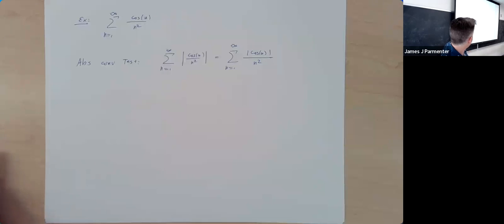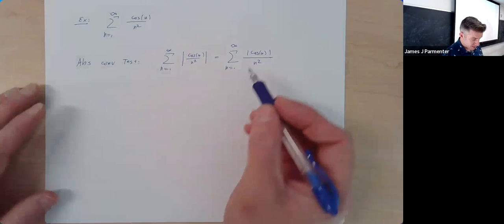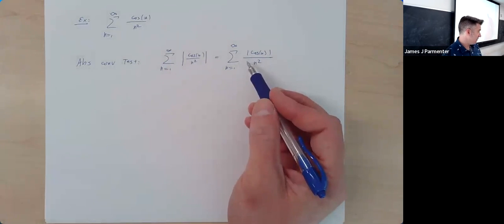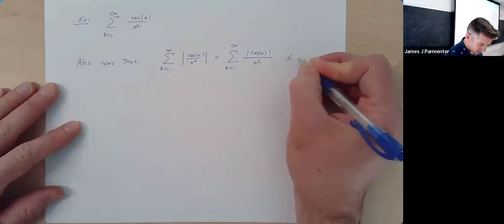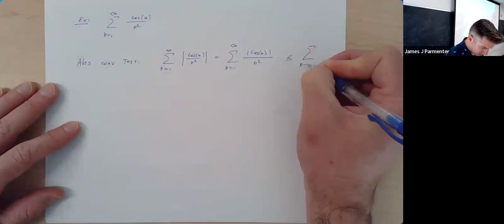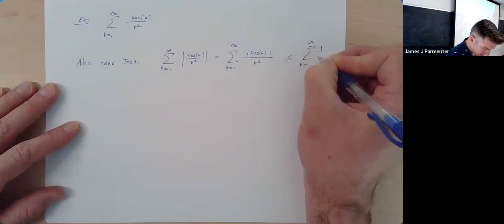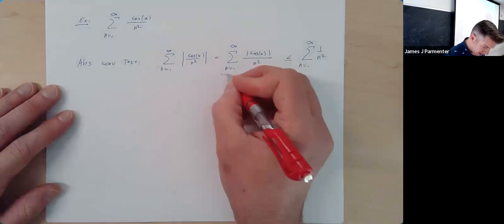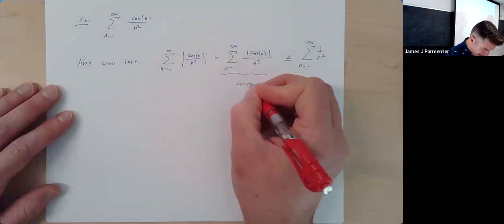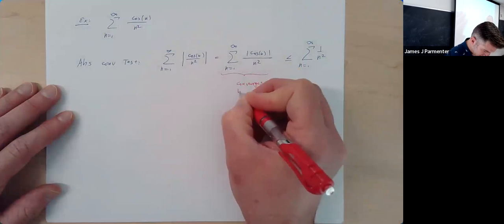Cosine and sine are always between -1 and 1. So the absolute value of cosine is always positive and is always less than or equal to 1. So this series is less than or equal to the series from n equals 1 to infinity of 1 over n squared. So this thing must converge by direct comparison.